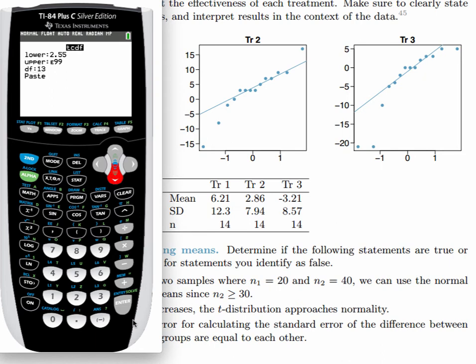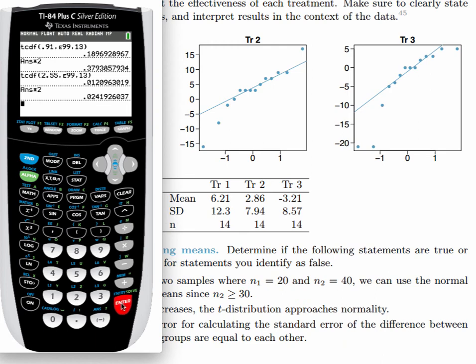Degrees of freedom is 13. Paste that in, hit enter, and then we're going to have to multiply that times 2.